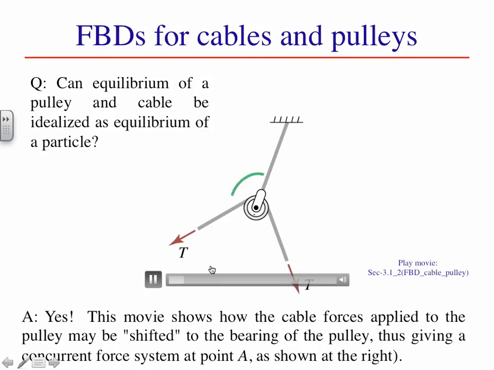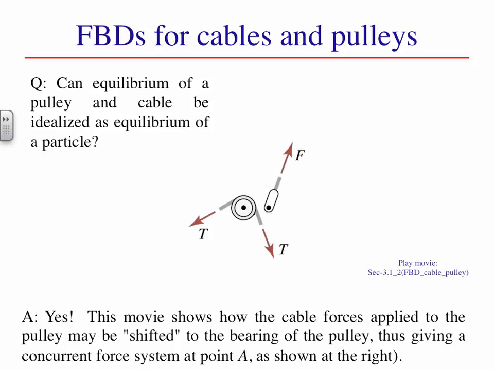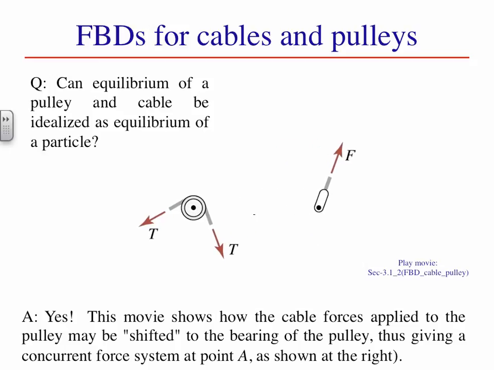We summarize these results with a brief movie showing an enveloping surface isolating the pulley shackle assembly. We show the two cable forces T and the upper cable segment force F, then separate the shackle from the pulley and show the reaction forces, the bearing forces at A. Instead of an Ax and Ay, we show the bearing forces as parallel to the cable segments, and they have to be equal and opposite.